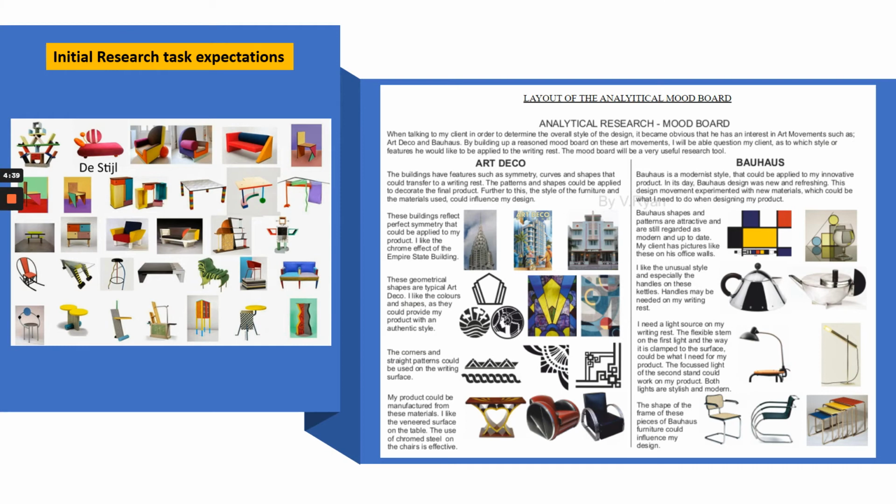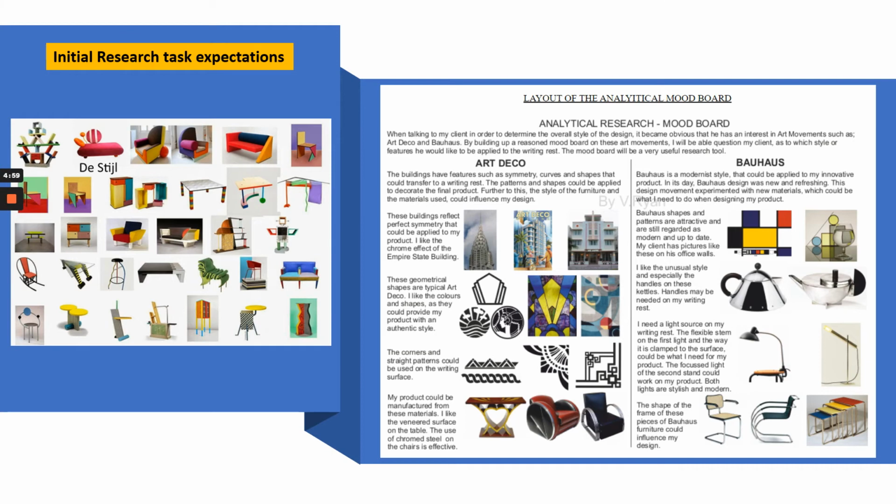A level is what we're looking at on the right-hand side. So this is a layout of an analytical mood board. And what you'll see is there are 2 different designers on this particular one. Now, you obviously are going to have to look at 5 different design movements, okay? So there's 2 different design movements on this particular one.